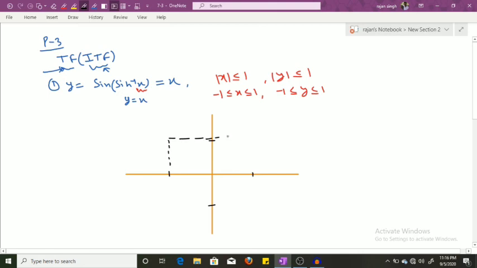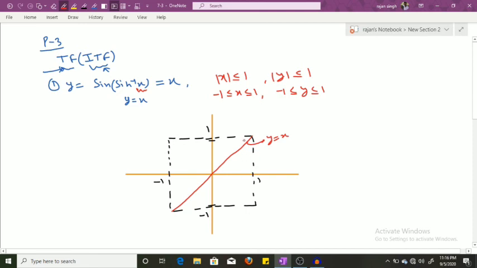Only inside this the graph has to be drawn: -1, 1, -1 and 1. Only inside this, you draw y equal to x. It's a very basic graph, y equal to x.